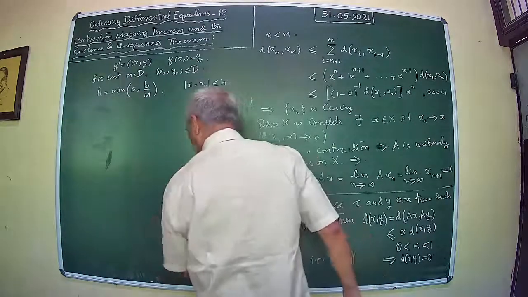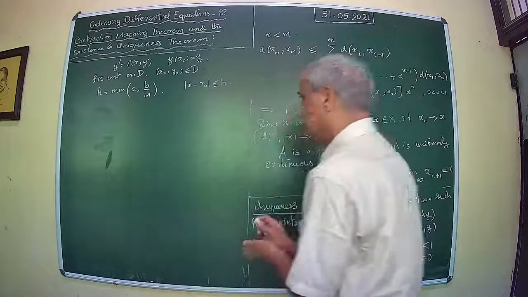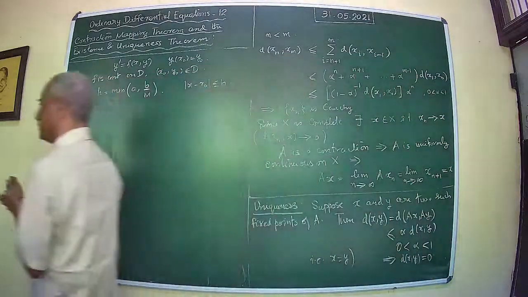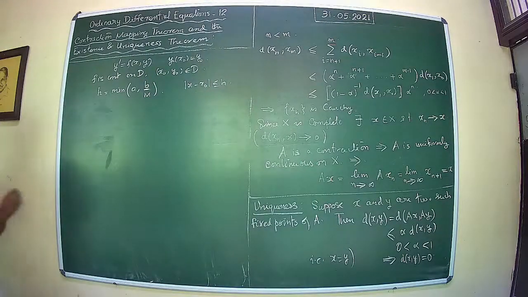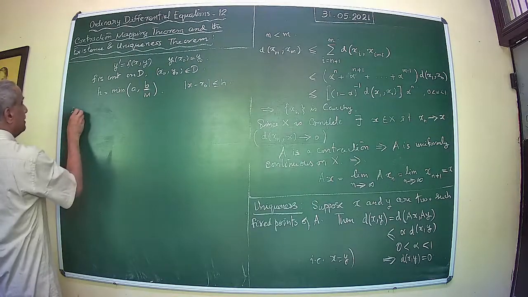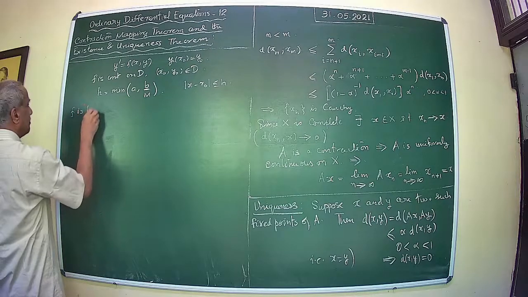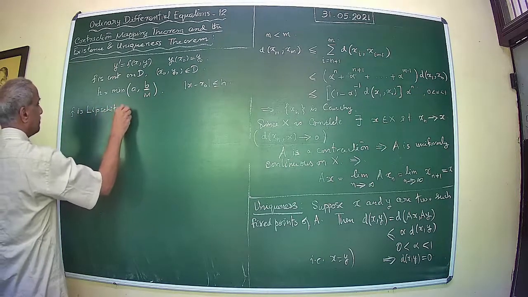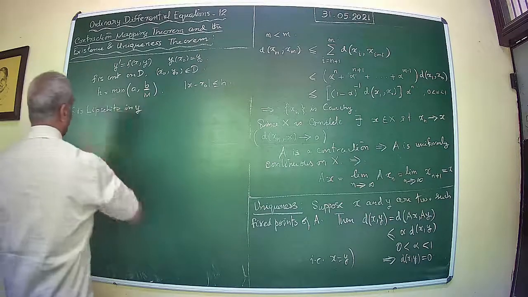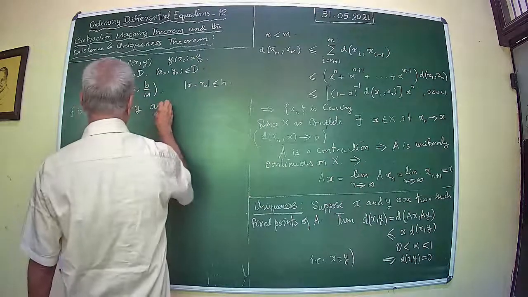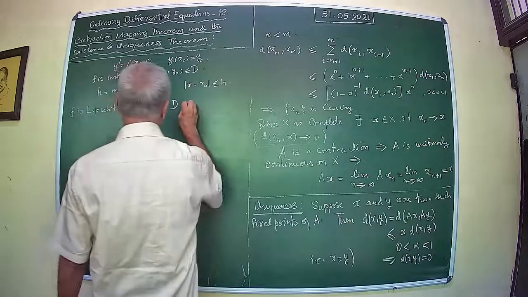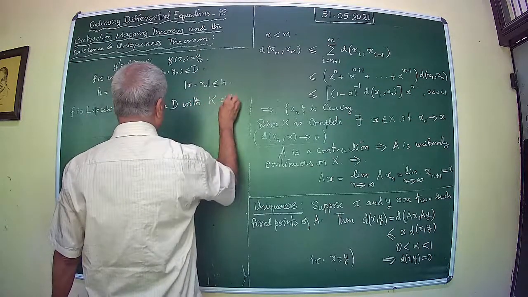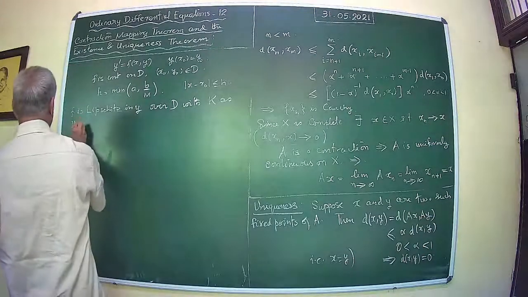Okay, so let us start reformulating it as a fixed point problem. Now I slightly modify H. I am assuming F is Lipschitz in y over D with K as the Lipschitz constant.